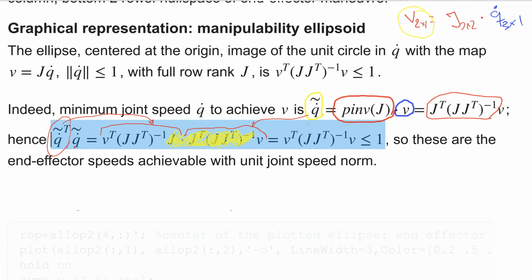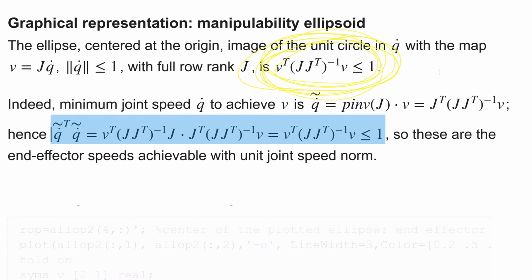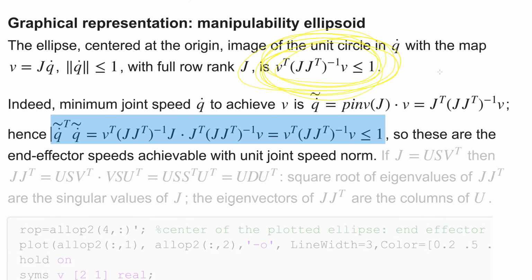So at the end, we are able to prove our main result, that if the end-effector velocity vector v fulfills this equation, then it is feasible with an input angular speed vector of norm less than 1. And this equation, as J J transpose is a positive definite matrix, is the equation of an ellipsoid, which is called the manipulability ellipsoid, and which will be plotted in a minute.